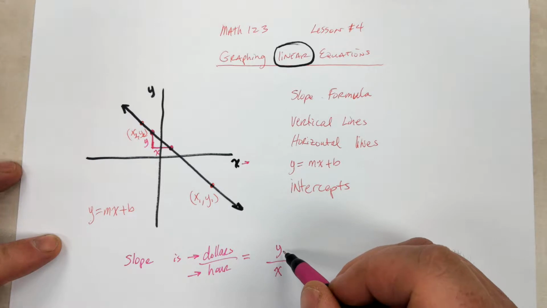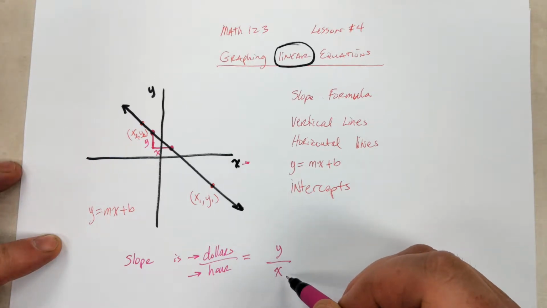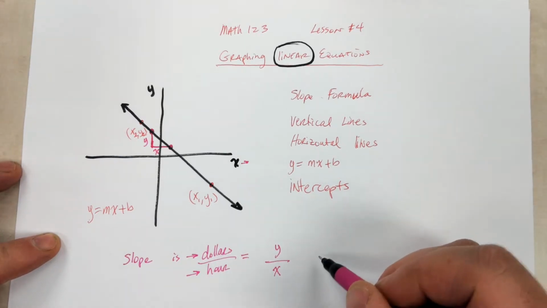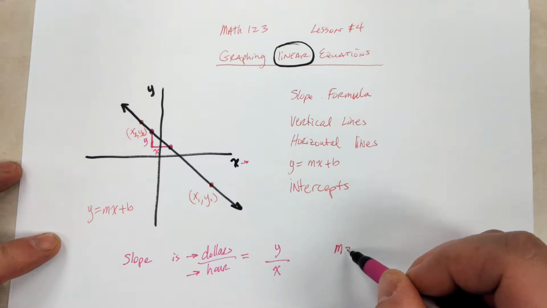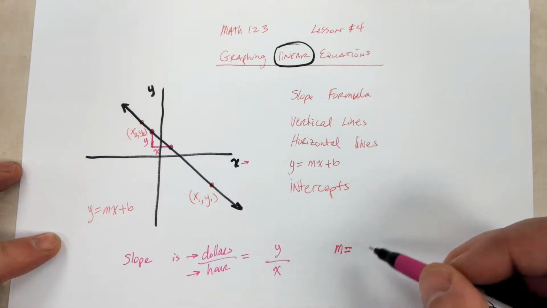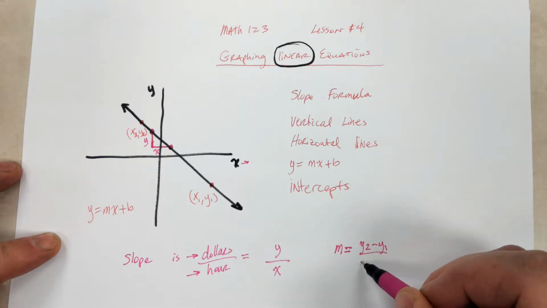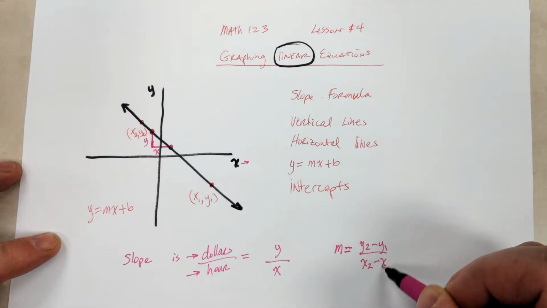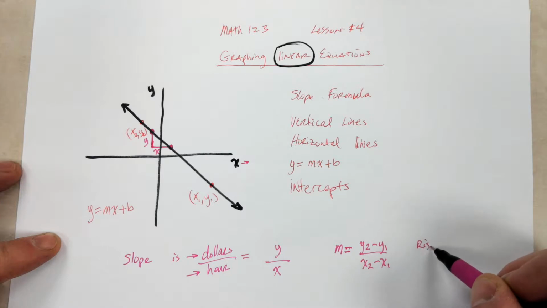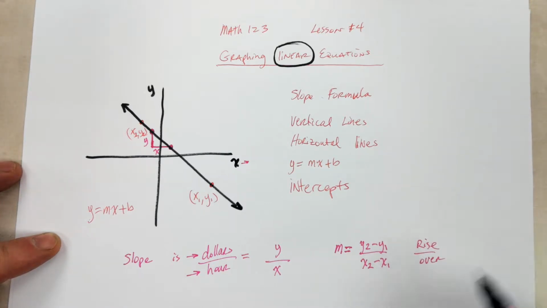It's how this changes compared to how that changes. You know m stands for slope, right? The formula is this, and mathematically this is rise over run. It says how far up or down does the line go, and how far over, left or right, does it go.